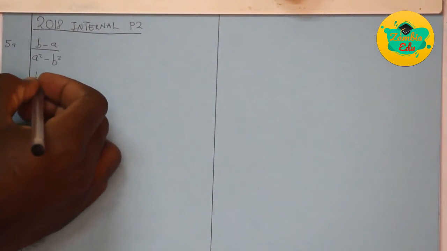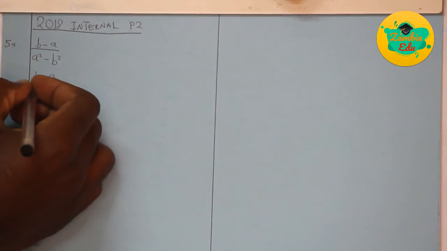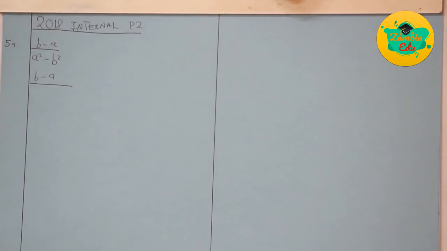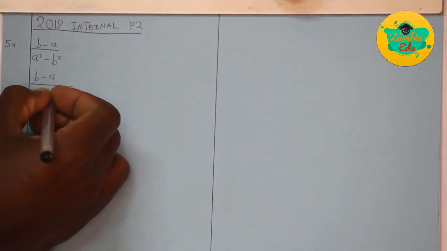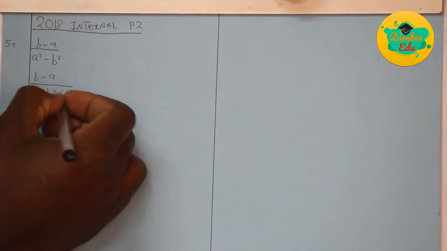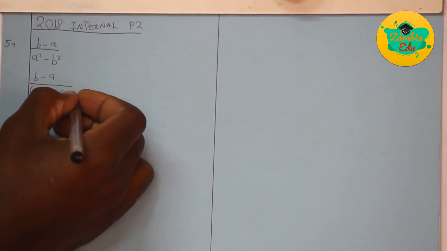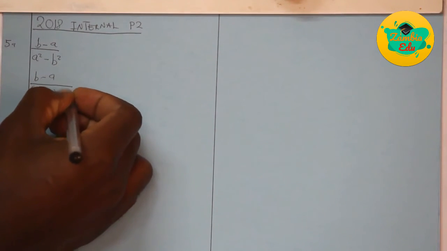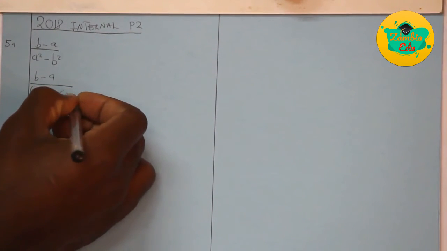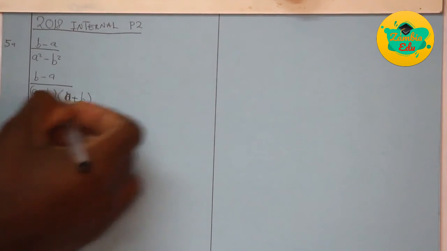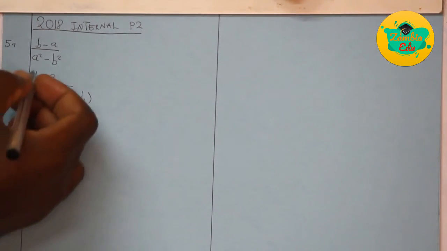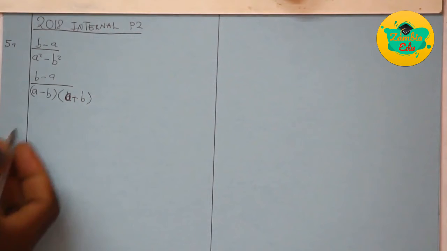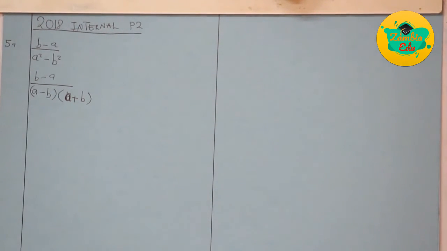The top part is okay, we let it be, there is nothing we can do, but down there it's a difference of two squares. So as we always do, a minus b, a plus b. That is what we get. Right, when we get that, we now look at what we have on top.